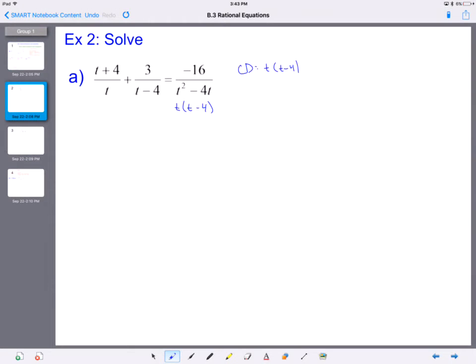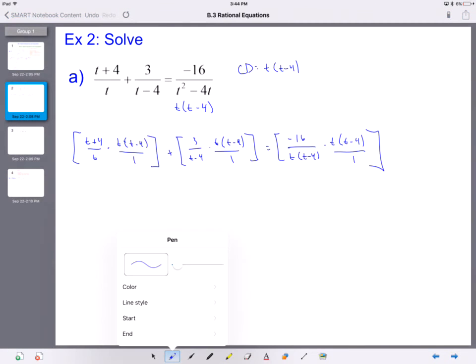So everything gets multiplied by that common denominator. t plus 4 over t times t minus 4 over 1 plus 3 over t minus 4 times t minus 4 over 1 is equal to negative 16 over t times t minus 4, times your common denominator.